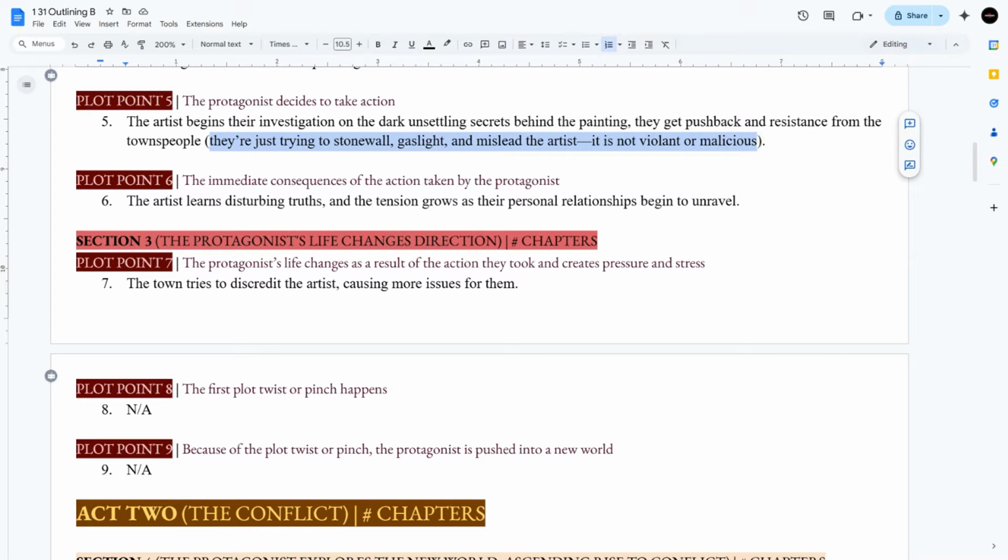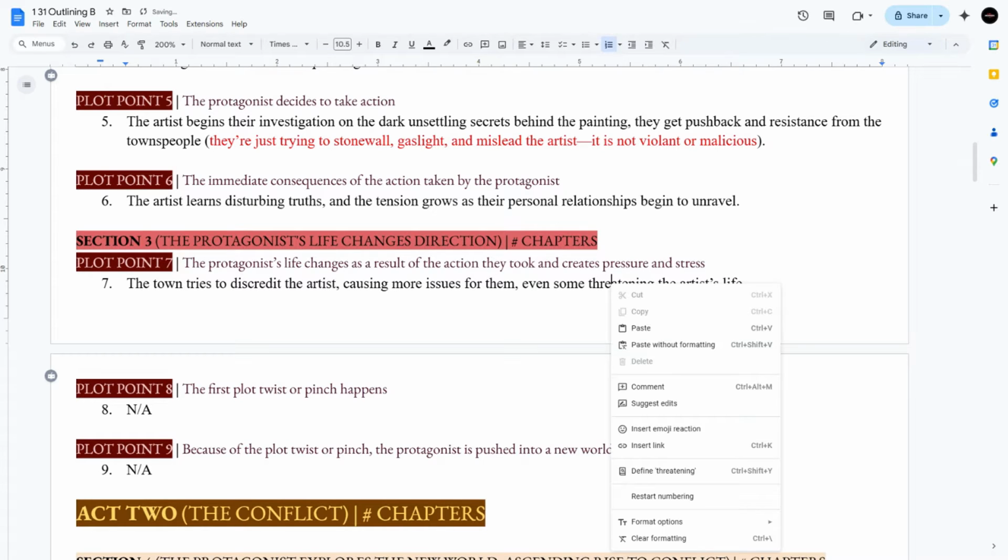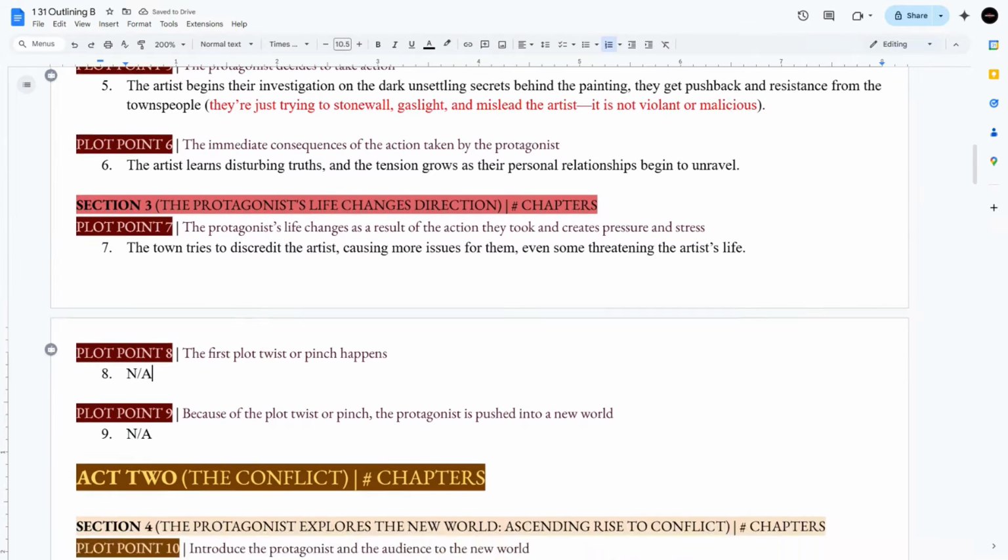Remember, I like to make these red, just because they're a note. All right. The town tries to discredit the artist, causing more issues for them. Even some threatening the artist's life.